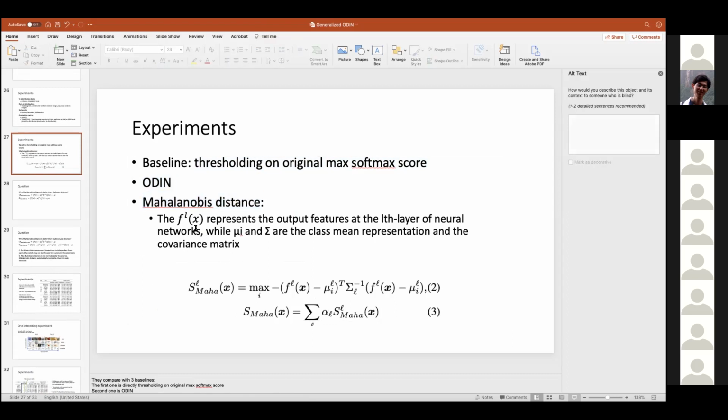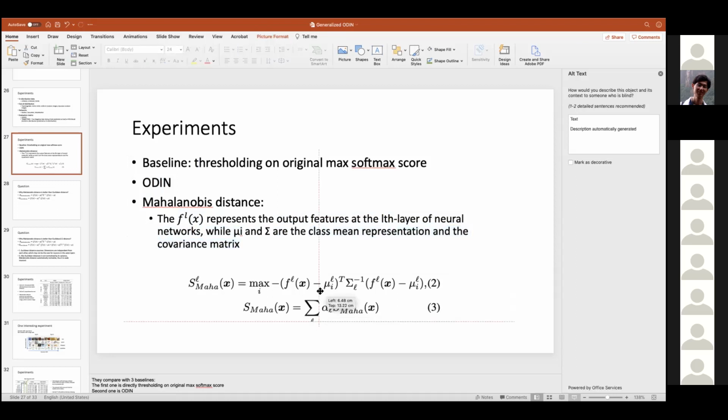The idea is we take the intermediate representation FLX, which represents the output features at the Lth layer of the neural network. Then we compute its distance to the training data. We estimate mu I and sigma I, which are the class mean representation and the covariance matrix for the training data.